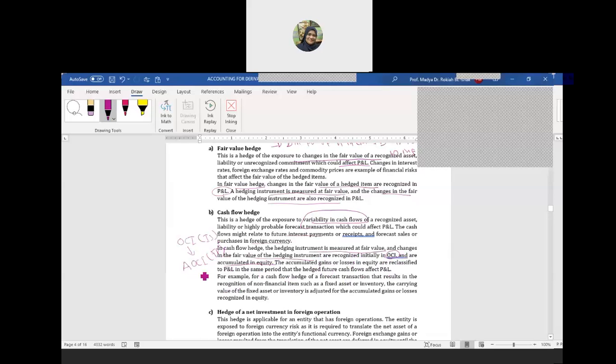If you have a sale here, then we transfer from accumulated other comprehensive income to the income statement using the COGS account.